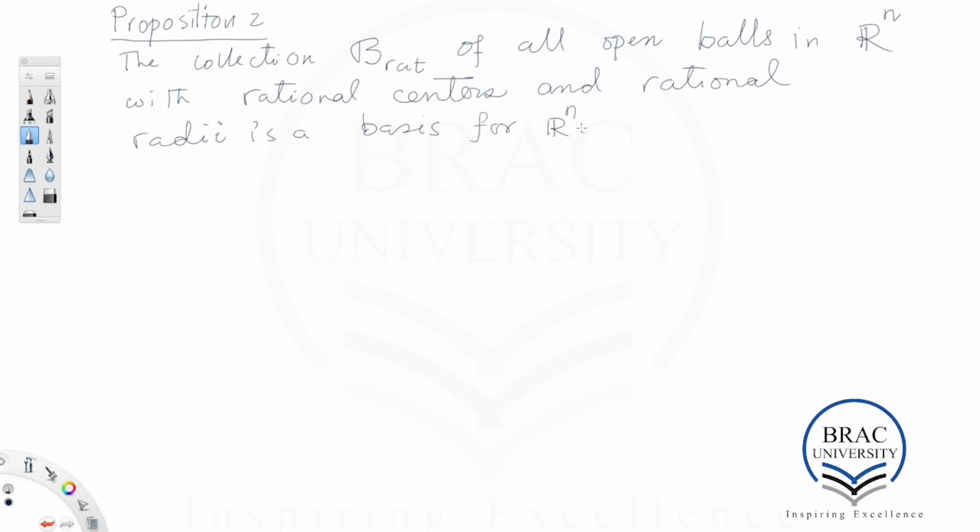Okay, so here is the thing. We don't take all the open balls, which of course constitute a basis of R to the n. You only take all the open balls with rational centers and rational radii. So if we choose an open ball B(P, R), P has to be a rational point and R has to be a rational number, and the collection of all such open balls constitutes this collection B sub RAT.